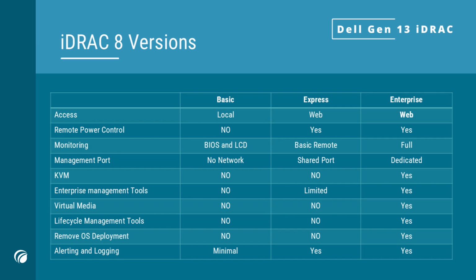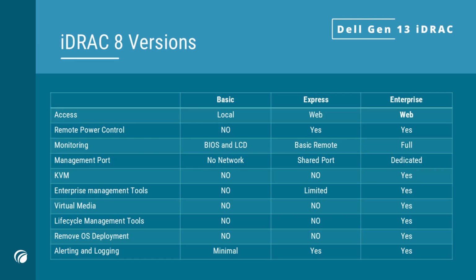Then, the version which is more plausible is the iDRAC Express. You have a basic GUI, you have network access through a shared interface, you have basic remote monitoring and alerting via IP, you can power on, off and reset remotely, you have some event logging, and you have limited IPMI access. But you don't have any KVM access.